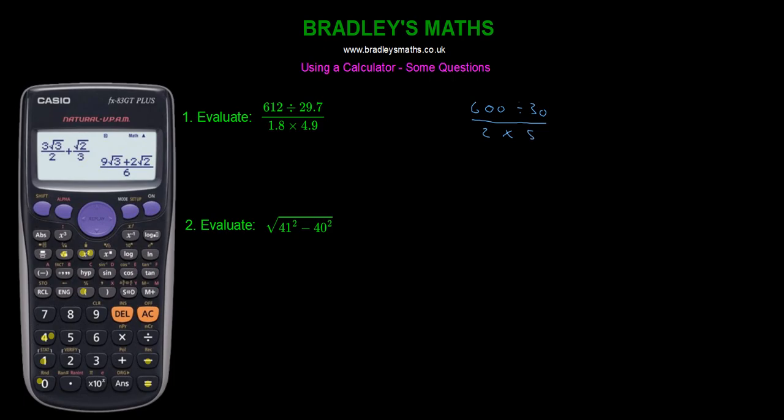This makes it a lot easier because this is 600 divided by 30 is 20, over 10, which equals 5. Sorry, no, it doesn't equal 5. Oh dear, my maths let me down there. 20 divided by 10 is 2, of course, not 5. So what we're looking for is an answer somewhere in the region of 2.